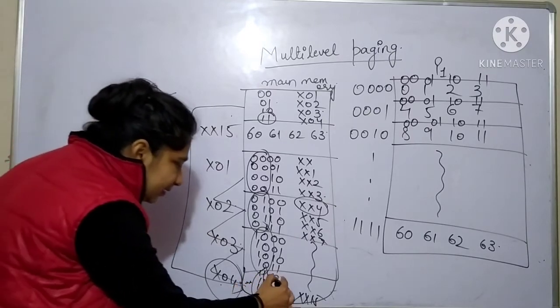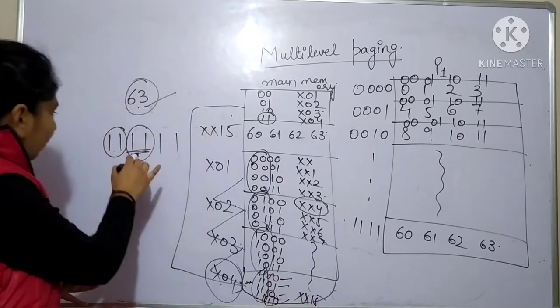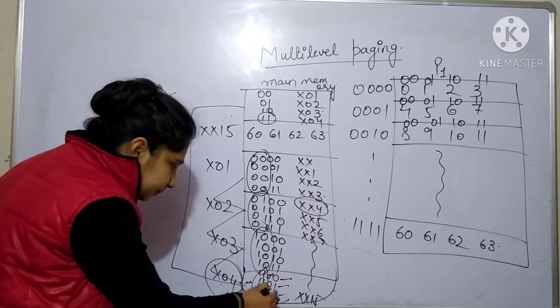Okay, this is the first, second, third and fourth. 1 1. So I am going here.